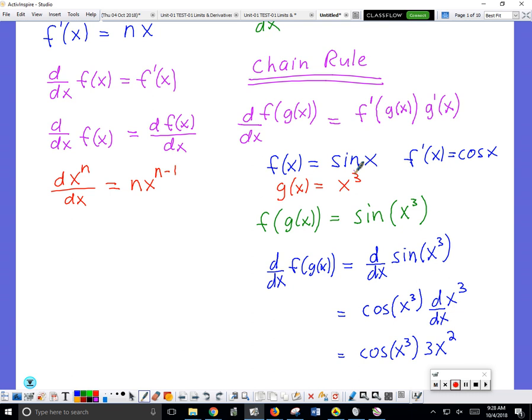But then instead of plugging in the x, you actually plug in the g. So instead of cosine of x, it becomes cosine of x cubed. That's what the chain rule is telling you to do: find the derivative of f and plug into f the g function. So the derivative of f is cosine, and plugged into that, the g function becomes cosine of x cubed.